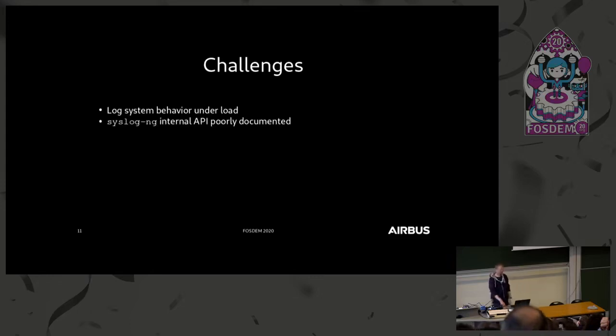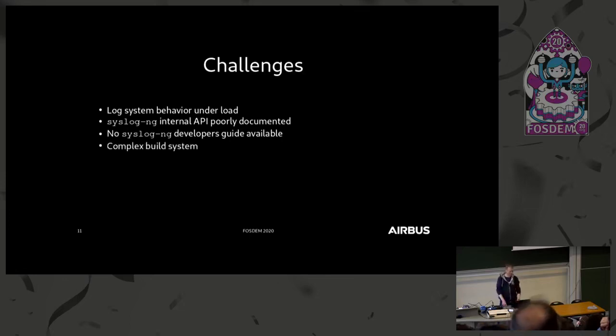A major challenge was the syslog-ng API, which is not very well documented. We really had to read the source code and debug through it in order to know how the plugin interface is supposed to work. That was a bit tedious. No developer's guide was available where you can just say, okay, this is the API, and if you want to extend it, you do these steps.